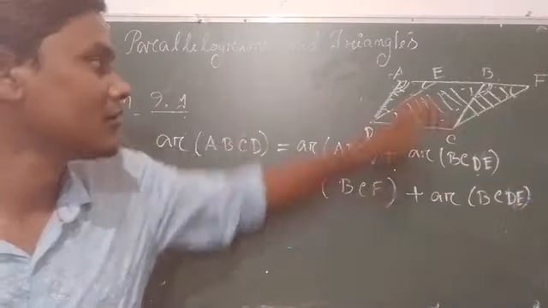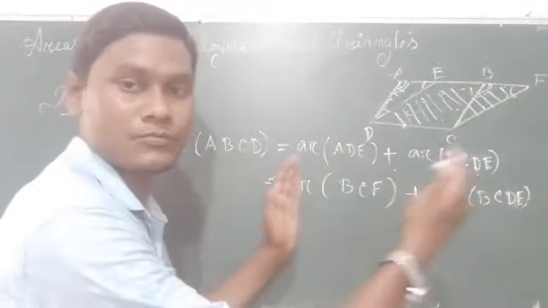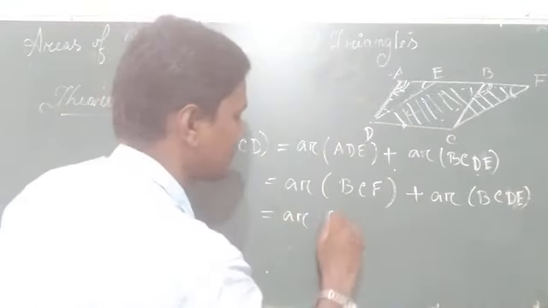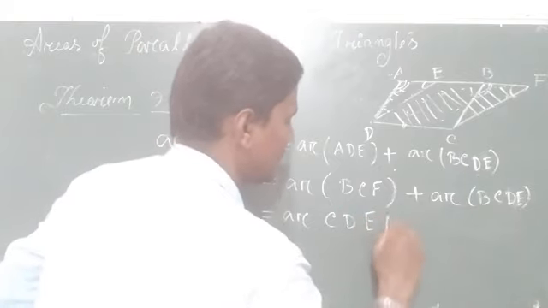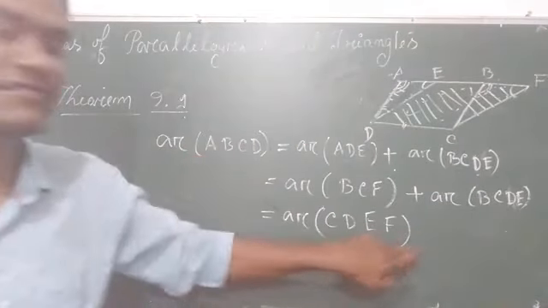I will get CDEF. If I add these two, I will get area CDEF. That is what we are supposed to prove: area ABCD is equal to area CDEF.